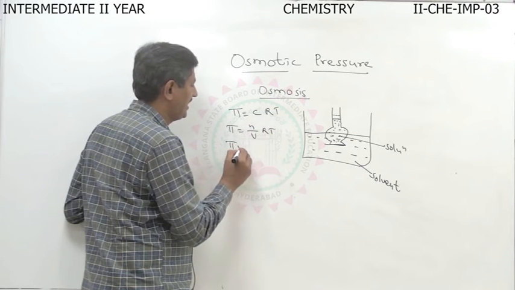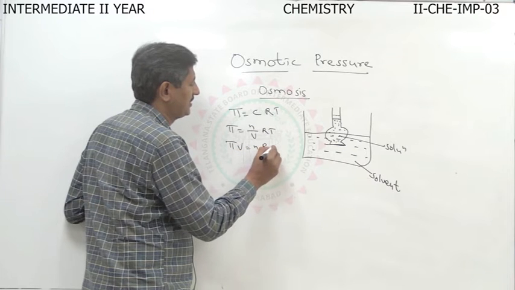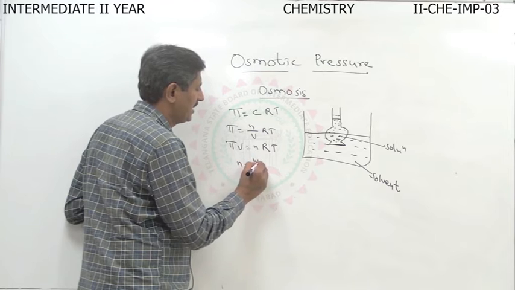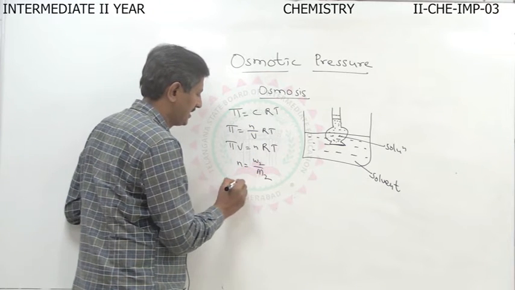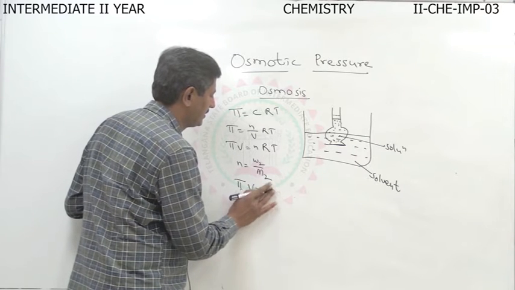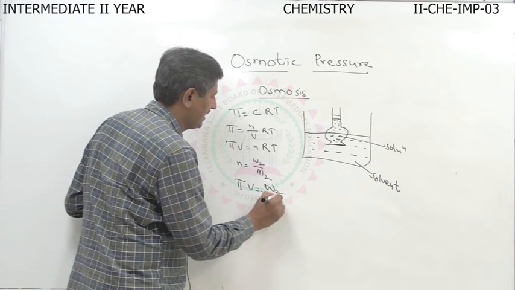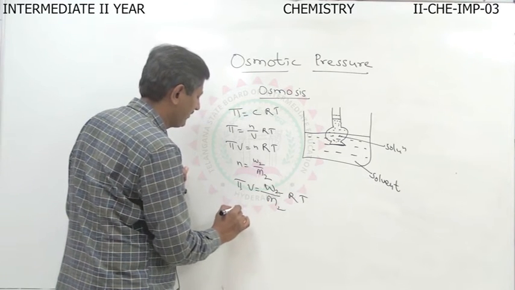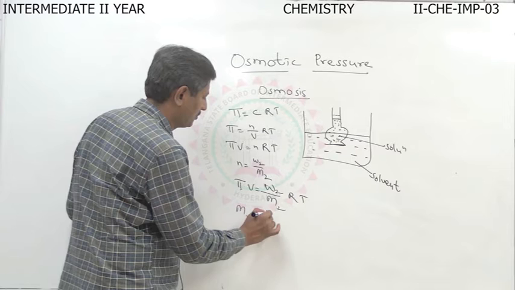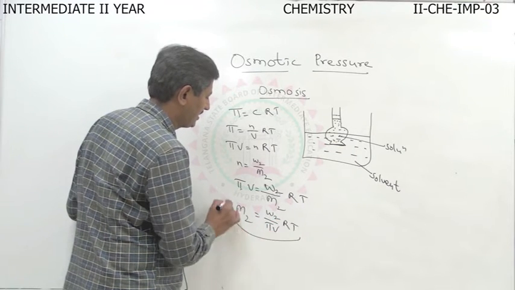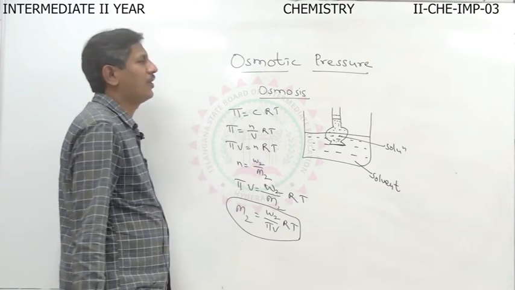So pi V is equal to nRT, where n is the number of moles of solute, given by W2 by M2. So pi V is equal to W2 by M2 into RT. From this equation, M2 is equal to W2 RT by pi V. From this equation, we can calculate the molar mass.